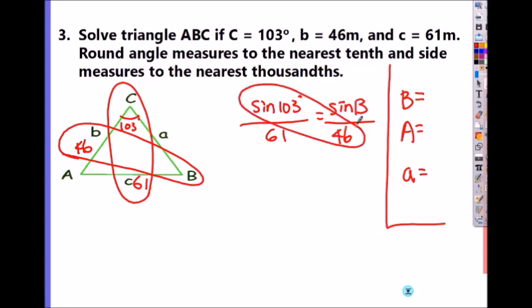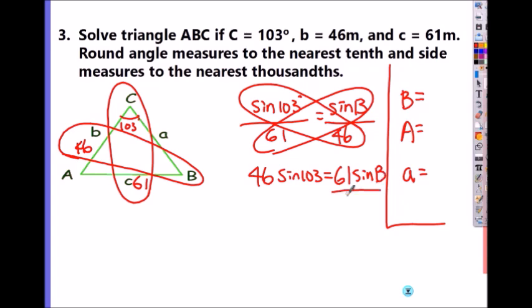Cross multiply. 46 sine of 103 equals 61 times sine of B. Then what would you do? Divide by 61. And here, it involves another step at the end because they gave you sine of B, so you have to take the inverse of sine on both sides.